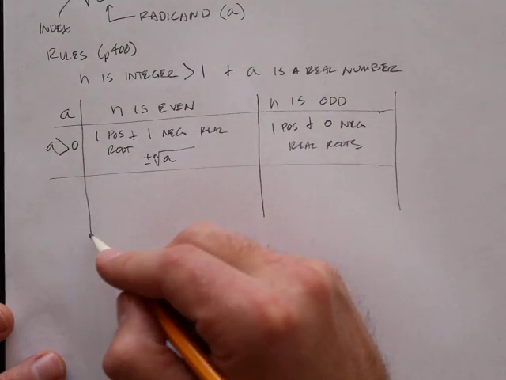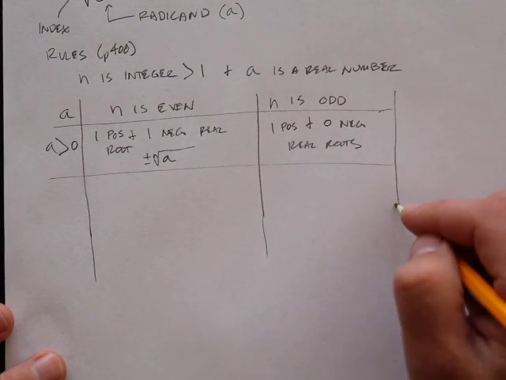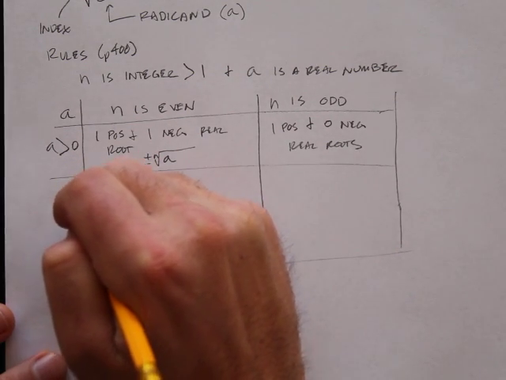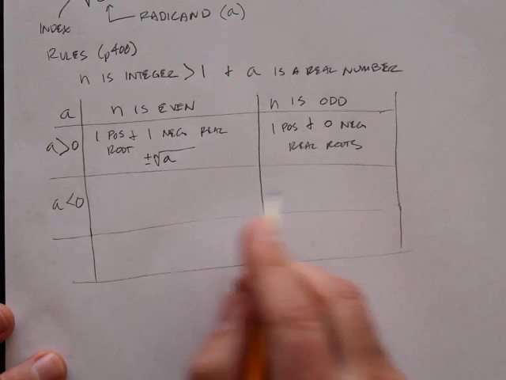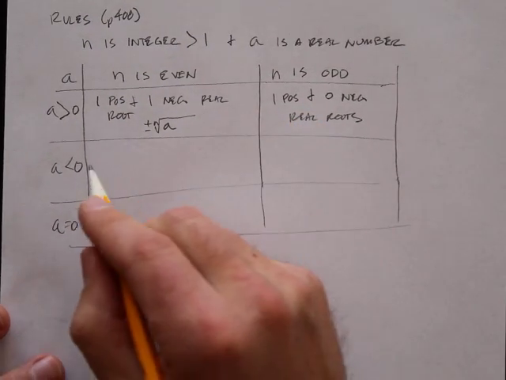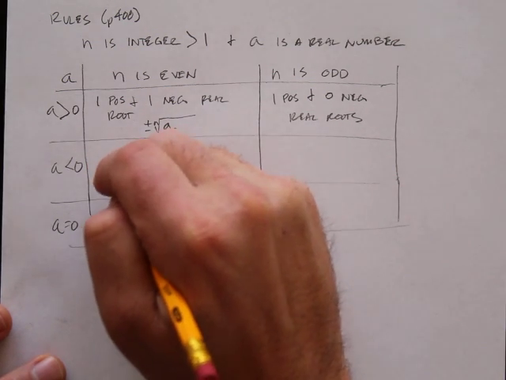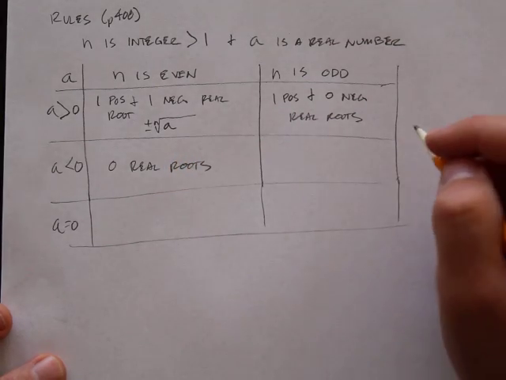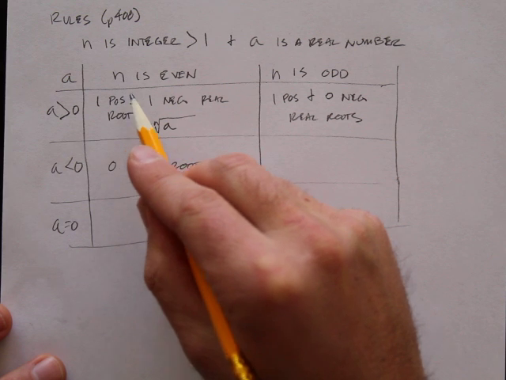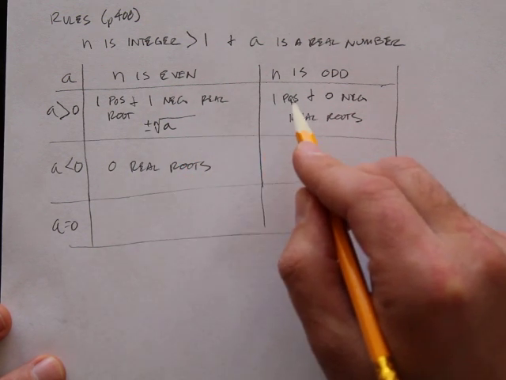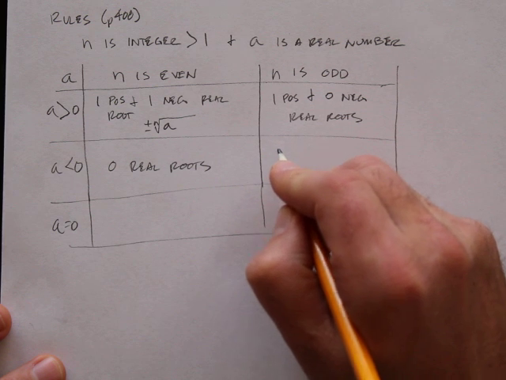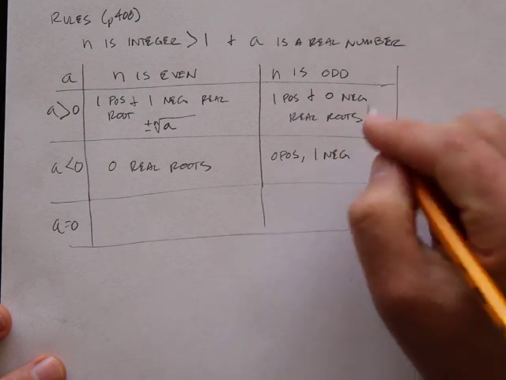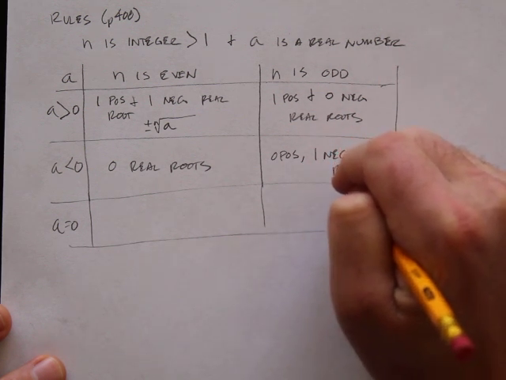Let's keep moving here, and once we get this chart done, then we'll have some examples, and hopefully this will make sense. So then we've got A is less than 0, and then we're also going to have A is equal to 0. When A is less than 0, you've got 0 real roots if N is even, if the index number is even. If the index number is odd, then you're going to have 0 positive roots, but 1 negative real root.